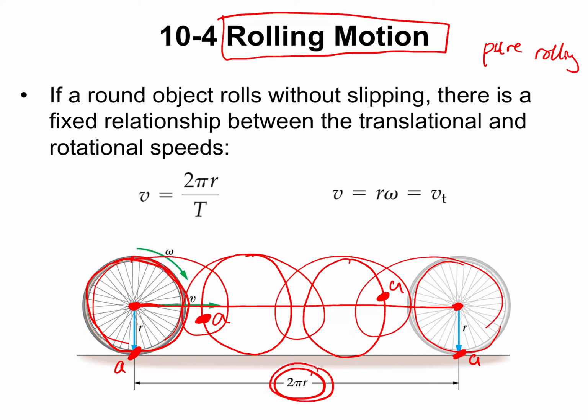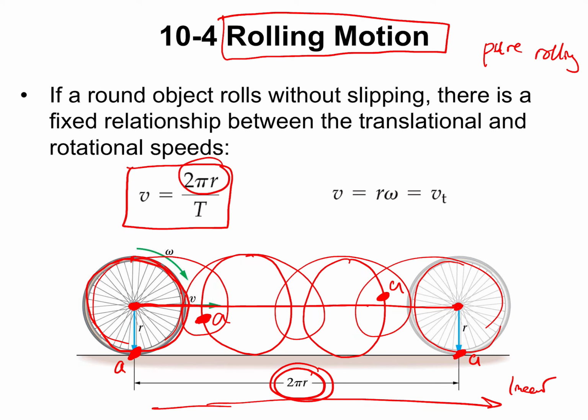So we can calculate the linear speed of the wheel. Even though the wheel is doing rotational motion, it still moves forward. You see, from A to A here, it moves forward by 2 pi r. So the linear speed of this rolling is v, distance over time.